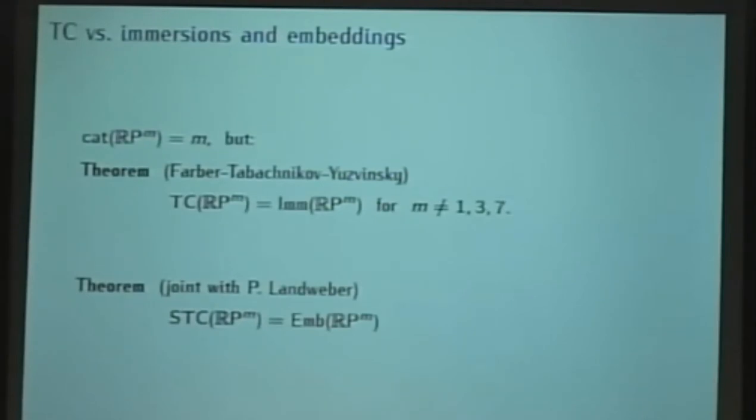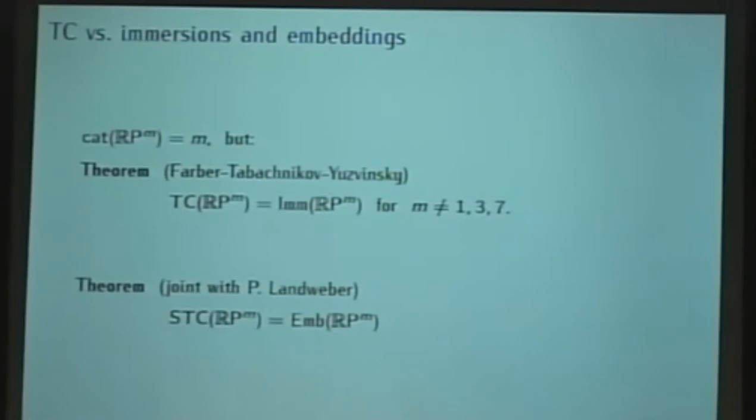So at this point, I'm ready to describe for you the first connection to Sam's fundamental contributions to the immersion problem of manifolds and in particular of real projective spaces. Namely, let me start by saying that just as the Lusternik-Schnirelmann category of a space, TC of X is a homotopy invariant, although it's a little bit more subtle.